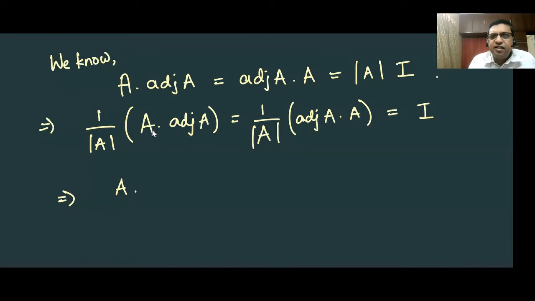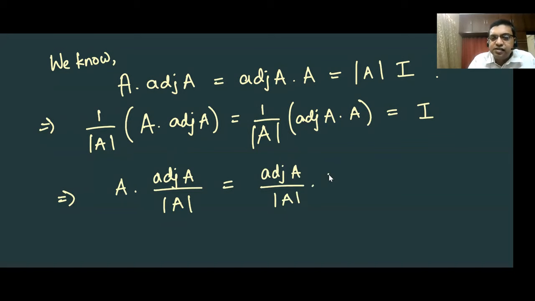I can multiply it either with the first one or the second one. I choose to multiply with the second. Here I get adjoint A upon determinant A.